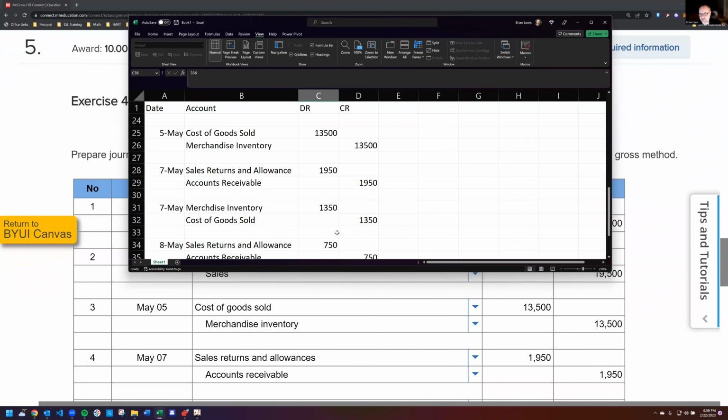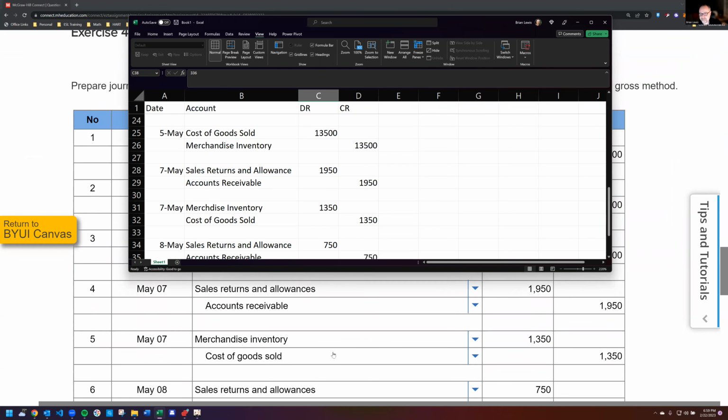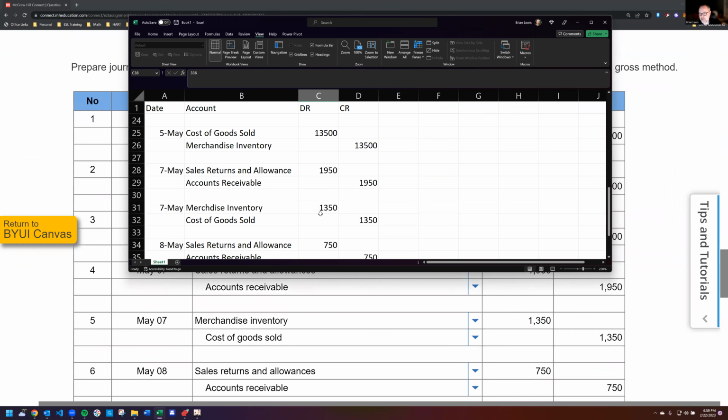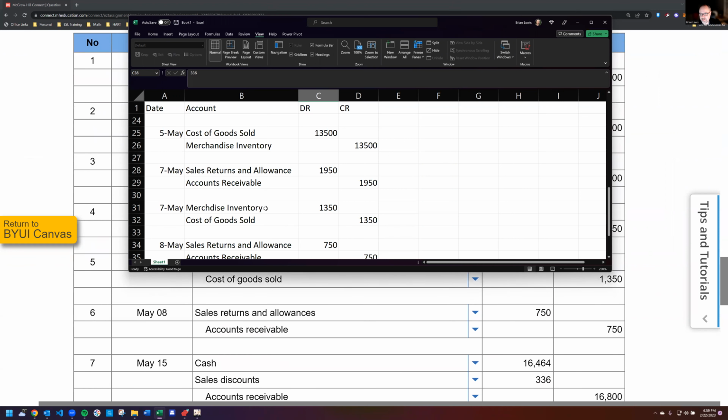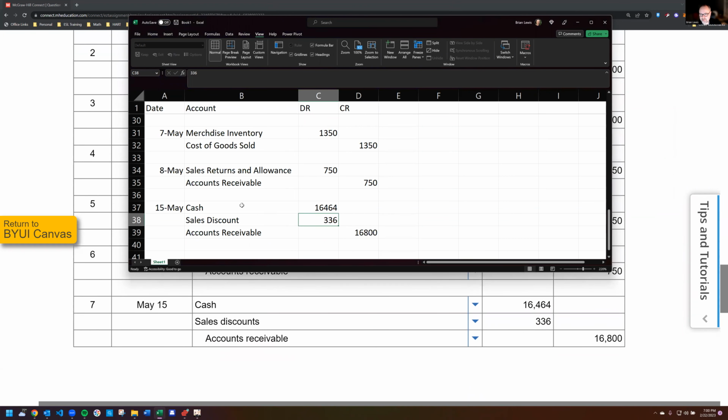Accounts receivable, 19.5. Okay, not too bad so far. Merchandise inventory, 13.5. Cost of goods sold, 13.5. Sales returns and allowance, 750. Accounts receivable, 750. And lastly, cash, sales discount, accounts receivable, 16.4, 64, 336, and 16.8.